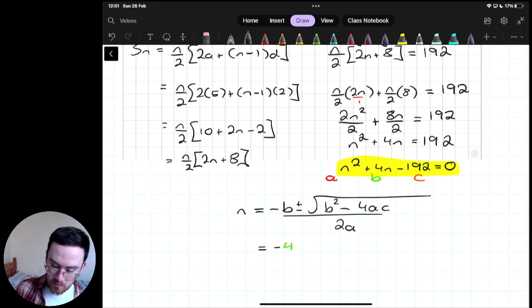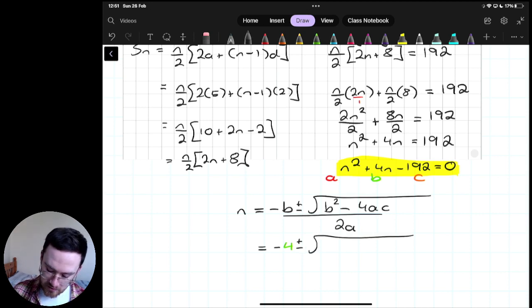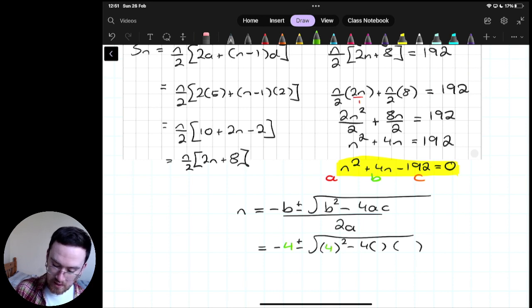Instead of x in my quadratic, it's actually n. So then subbing in for all my values here, b squared minus 4ac. So b is 4, a is just 1, and c is minus 192. Okay, and all over 2a, 2 times 1.